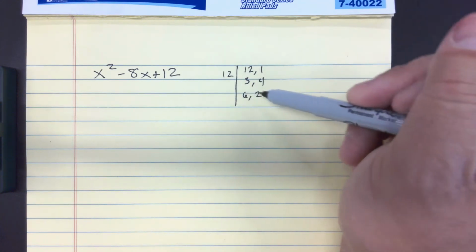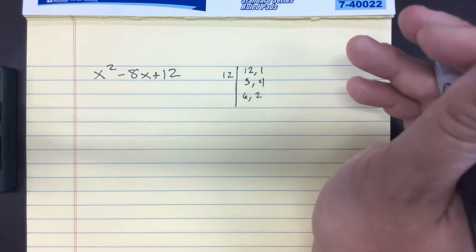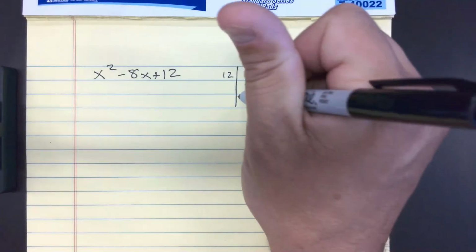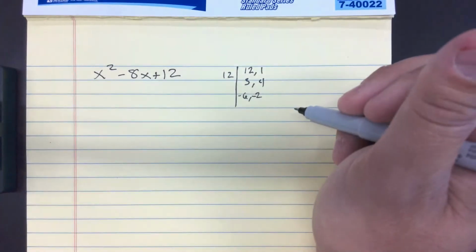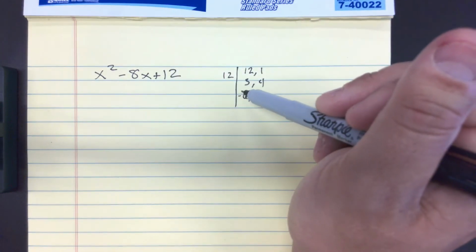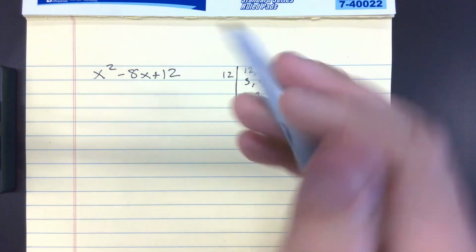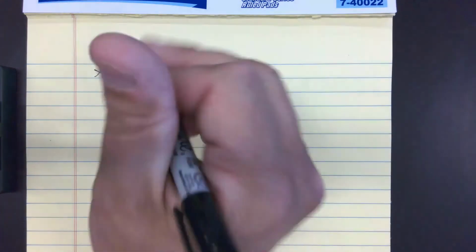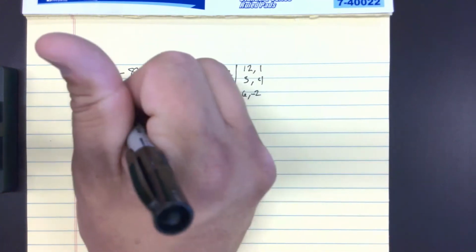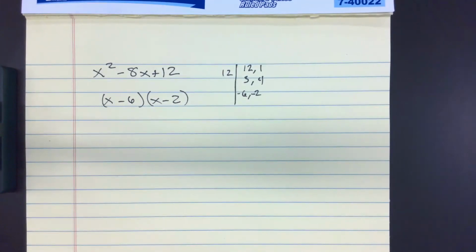No. Is there a way that 6 and 2 can get to 8? Okay, so now we have to think, how do I make 6 and 2 get to negative 8? If they're both negative, they multiply together to be positive 12, and they add together to be negative 8. So inside of your parentheses, you're going to have a negative 6 and a negative 2, and that's your answer.